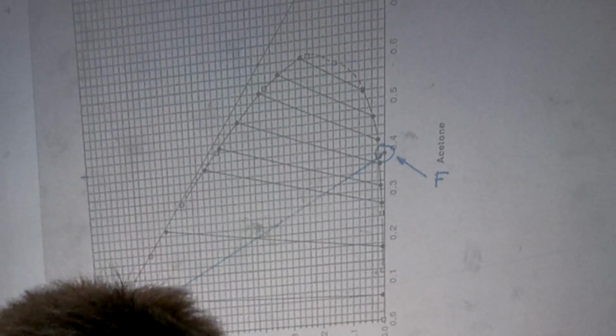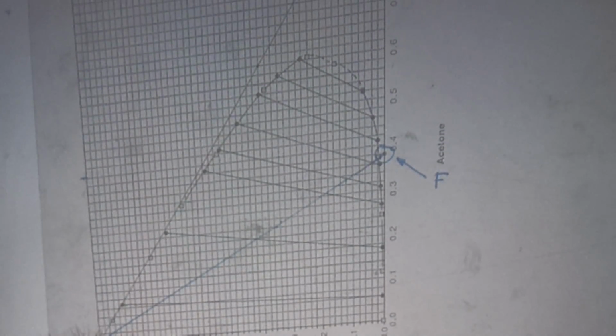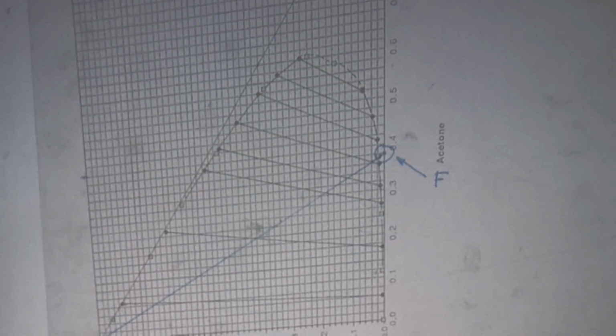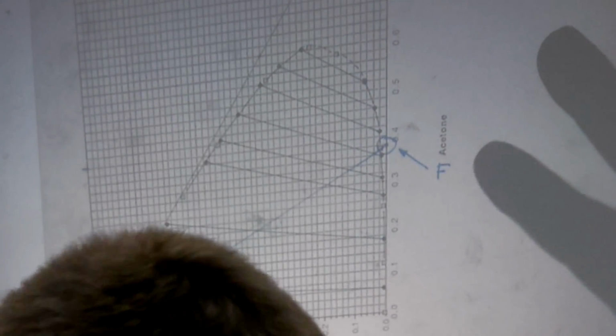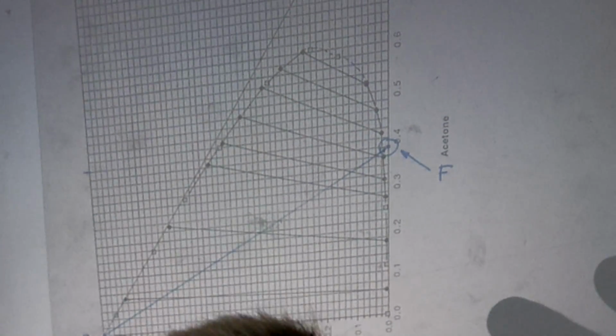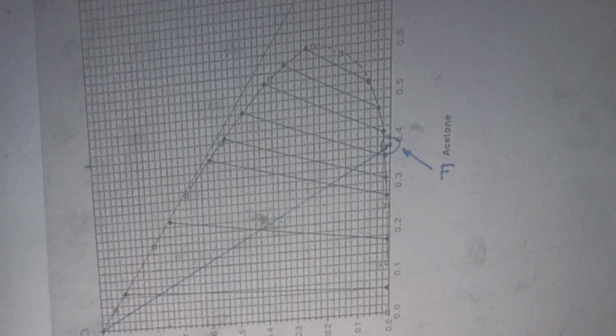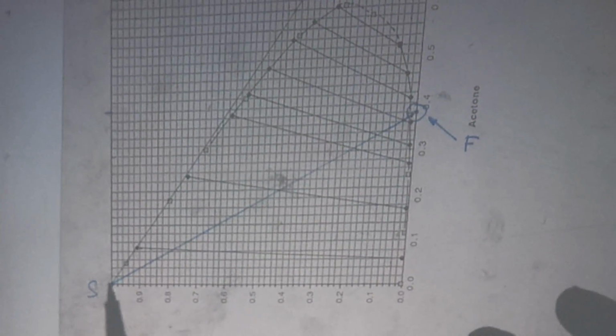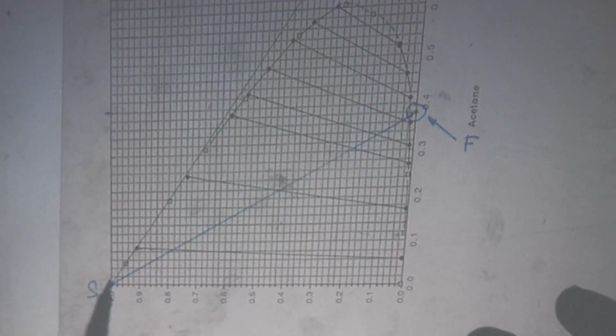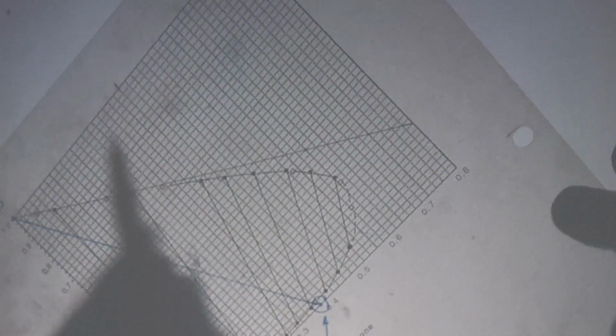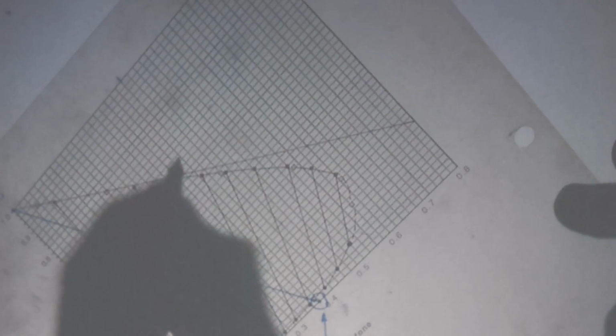What's your question, Todd? Now notice that there was a little bit of acetone in the solvent. That's no big deal. We just plot it right here, right? Where do we plot it? Right here? No, we don't. We plot it right there. This line here is the y equals x line.